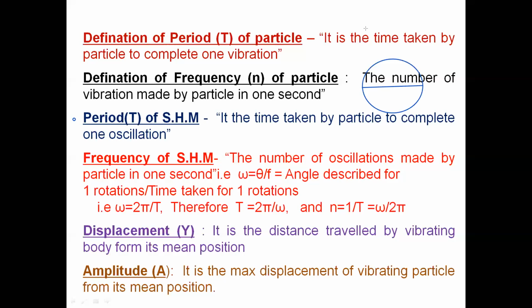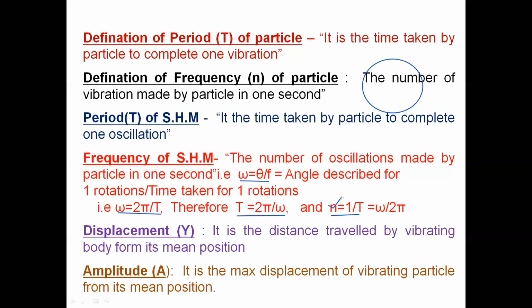You should know one thing: here you see the frequency of the SHM, and omega is 2 pi by T, where T is the time period. Remember all formulas. Now n is nothing but frequency, which is 1 upon T. This is an important formula.